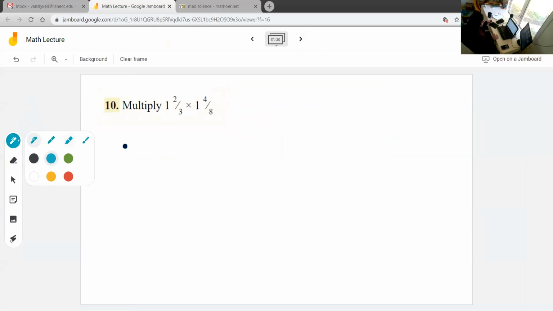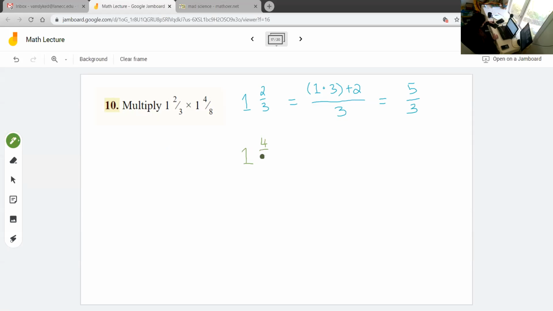Okay, so let's take each of these separately. The 1 2/3, 1 times 3, and then we're going to add 2. So that's going to be 5/3. The 1 4/8, 1 times 8 plus 4. So what we really want to do is 5/3 times 12/8.